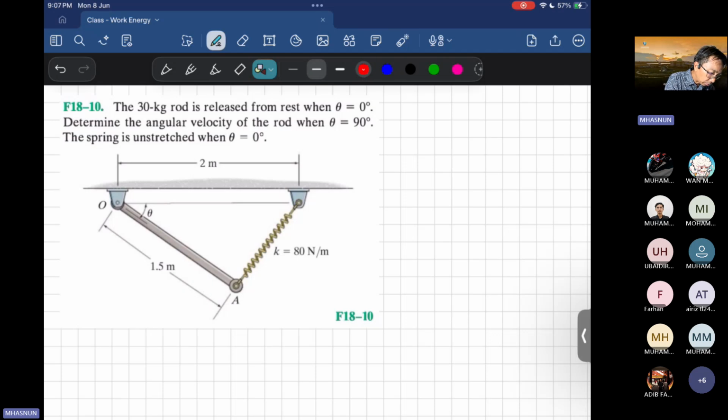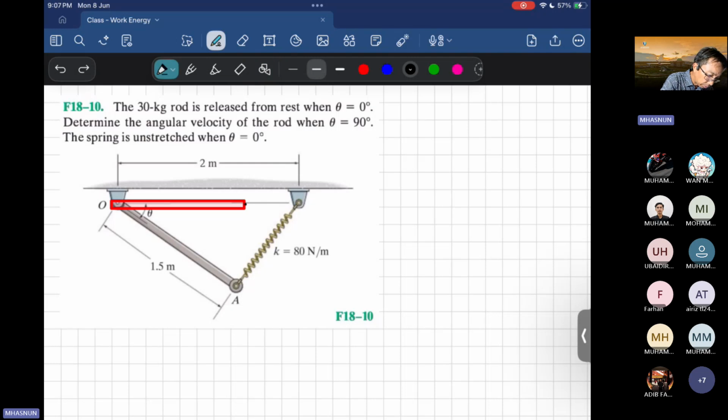So let's draw a line like this to indicate that this is the first position of the rod. In this position, the spring will be something like this. This will be the spring. Sorry, let's draw that.